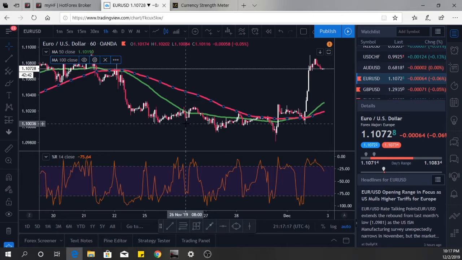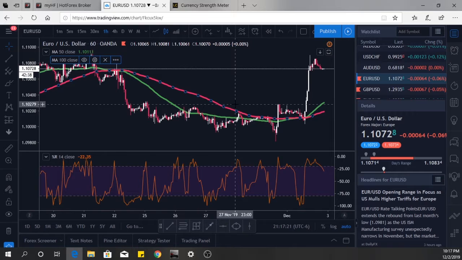Now first and foremost, this strategy can be used on any currency pair, but I tend to use it on more friendly currency pairs which normally tend to trend in a particular direction for maybe a minimum of 3 days or more.